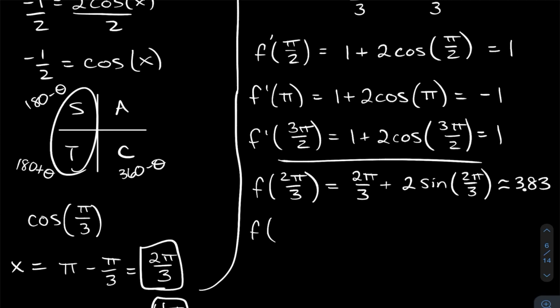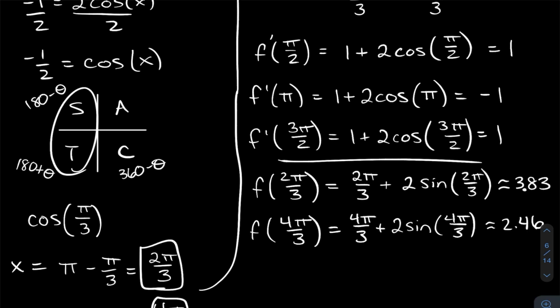And then you have f of 4 pi over 3, the minimum, and that's going to be 4 pi over 3 plus 2 sine of 4 pi over 3. And that's roughly, not negative, it's going to be just 2.46. Cool.